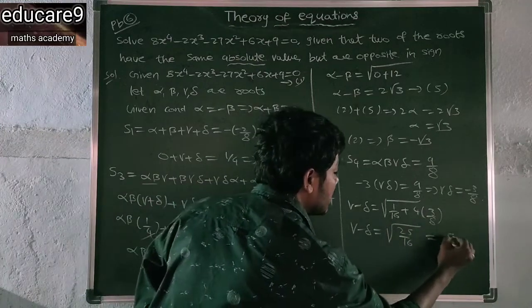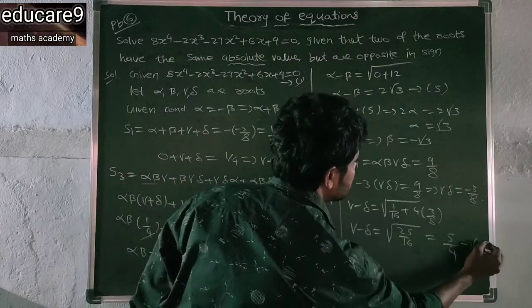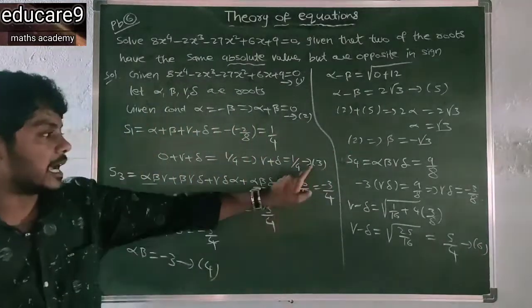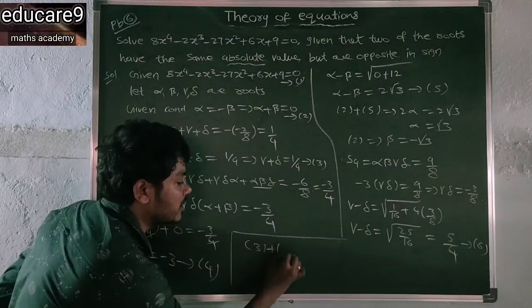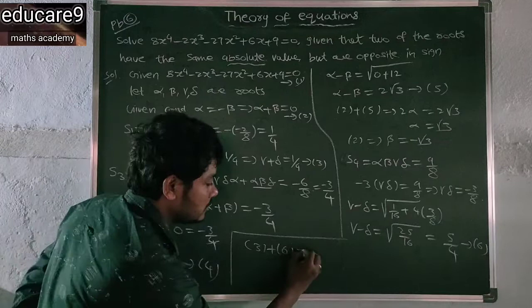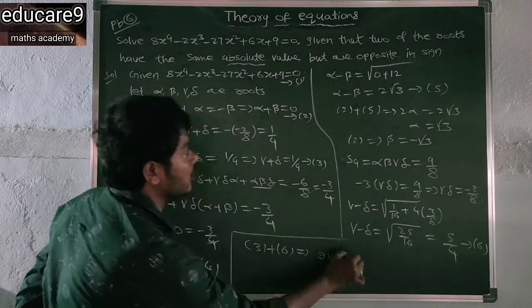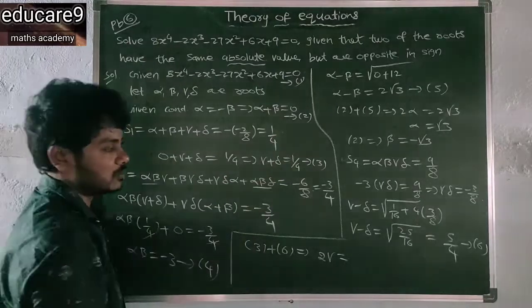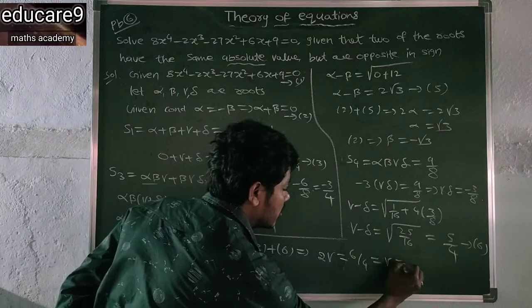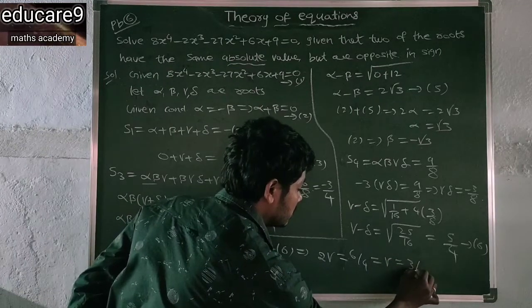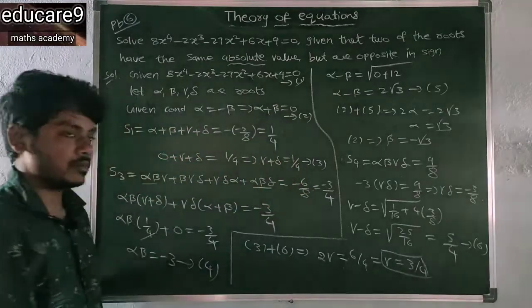This is 5/4. So clearly this is equation 6. So adding 3 and 6. So what you get? 2 gamma is equal to 5/4 plus 1/4, 6/4. This gives gamma is equal to 3/4. This is gamma value.